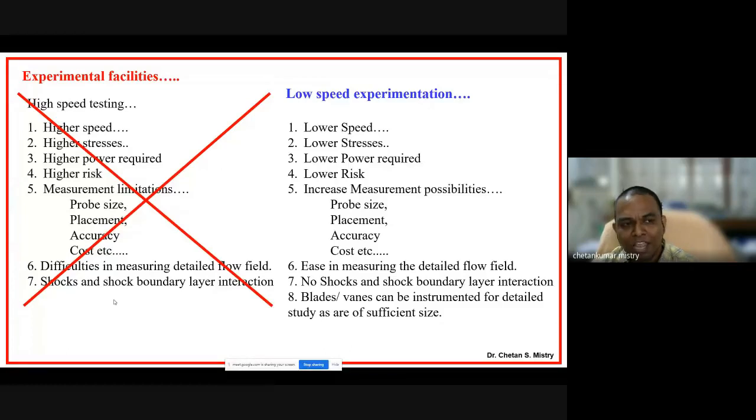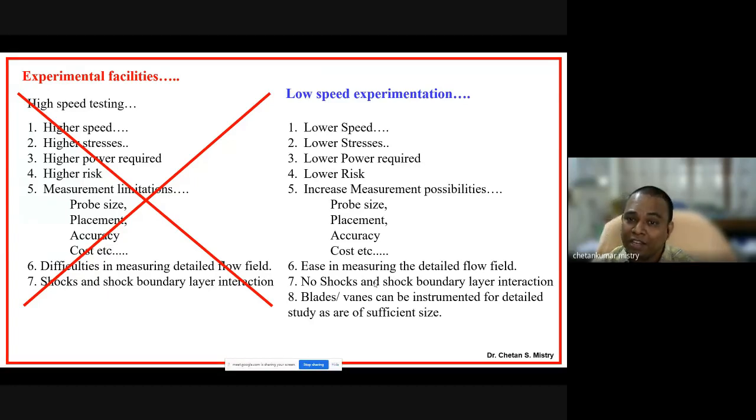Then, after putting everything together, I need a trained person who can handle this kind of possibility. And in case of an accident, there may be casualties, which is not permitted. So, as a poor person, you can say, we are targeting this kind of low speed experimentation. We are happy with this part.